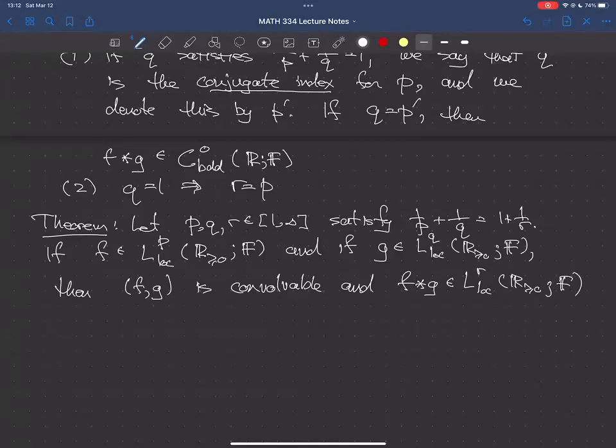And the special cases are the same as above.